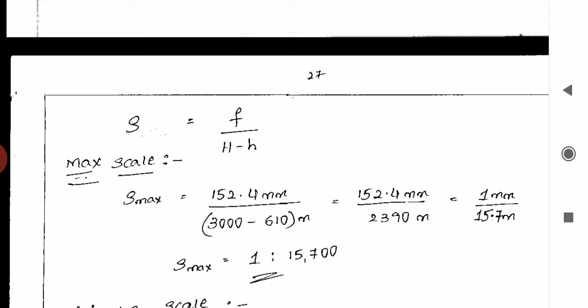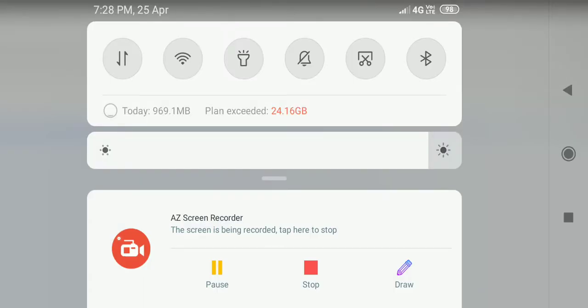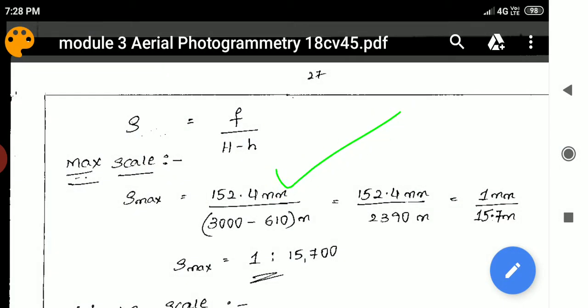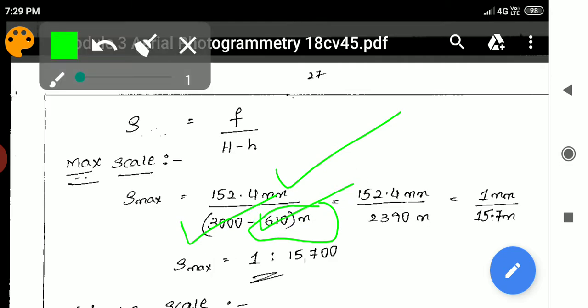The only difference is, see here, F is the same for all and capital H is the same for all, only the maximum, average and minimum terrain levels are different, which he already mentioned in the question.